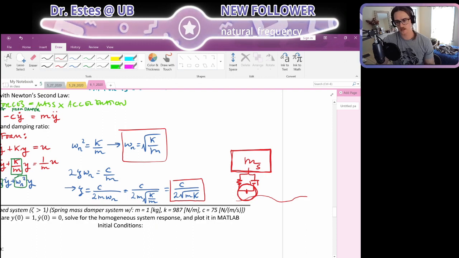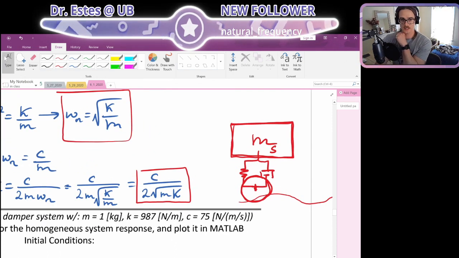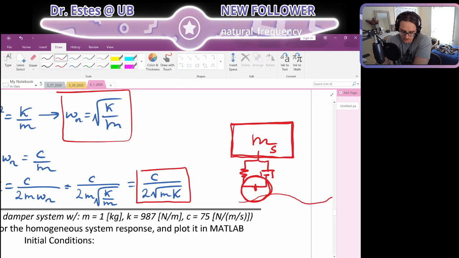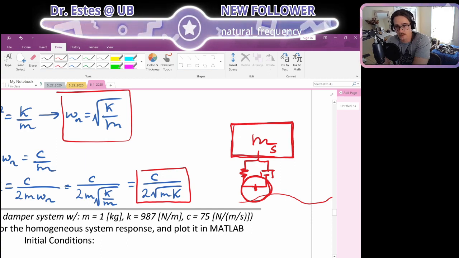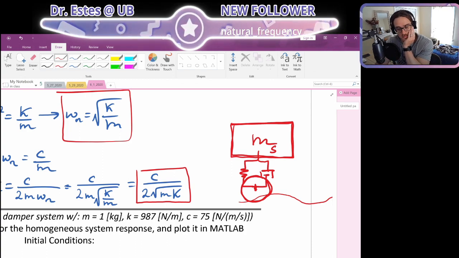I think this is the most popular example in mechanical systems of spring mass dampers. So as your tire moves up, it'll compress the spring, it'll compress this damper, and it transmits a force to the sprung mass.